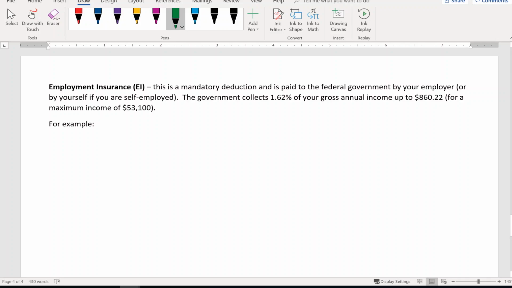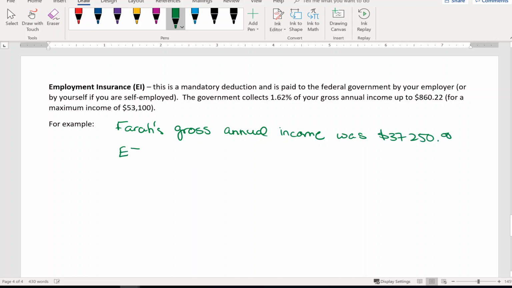Let's take a look at an example of this. Let's suppose that Farah's gross annual income was $37,250 last year. Let's look at her EI, or employment insurance, deductions.